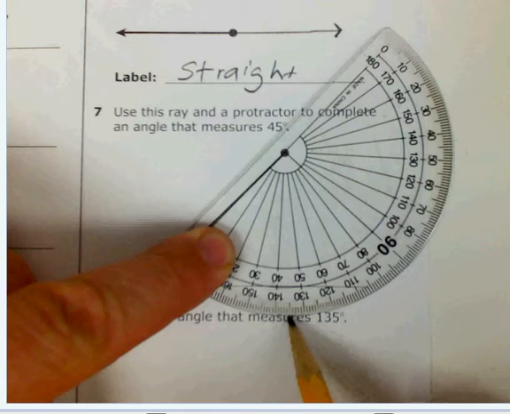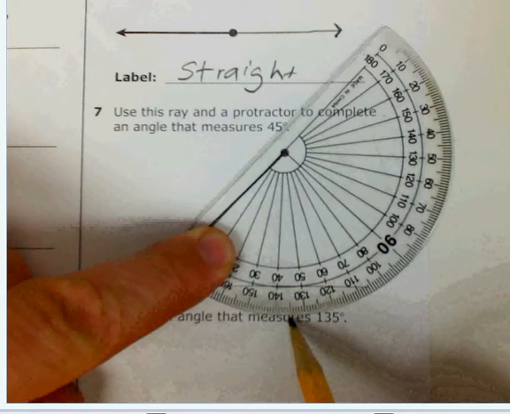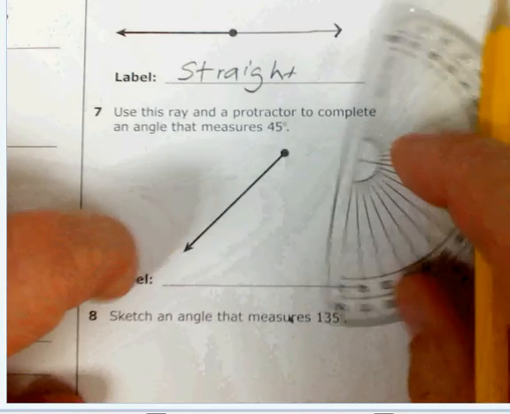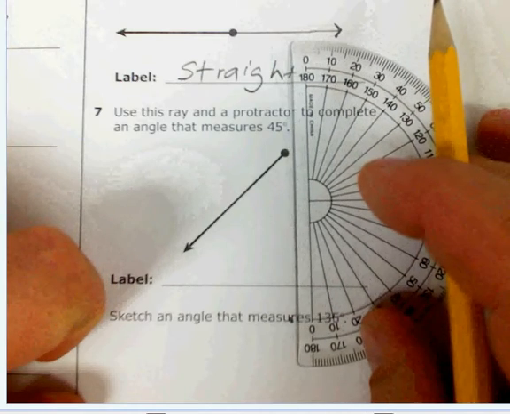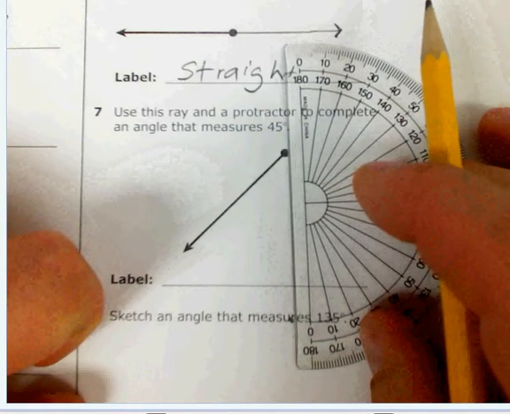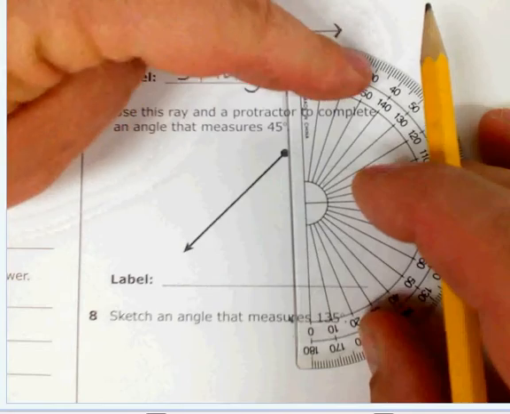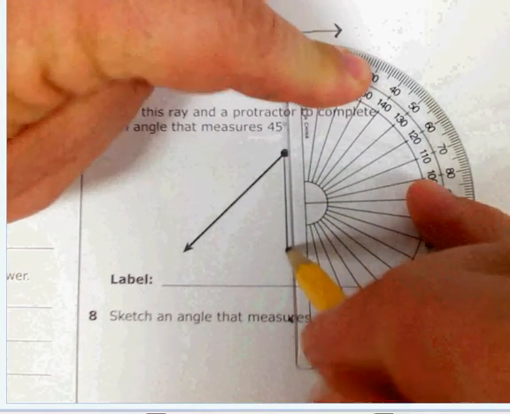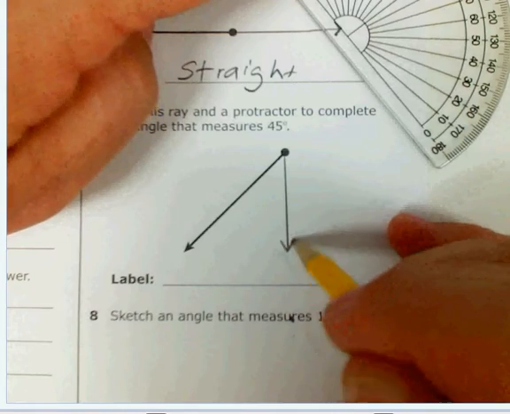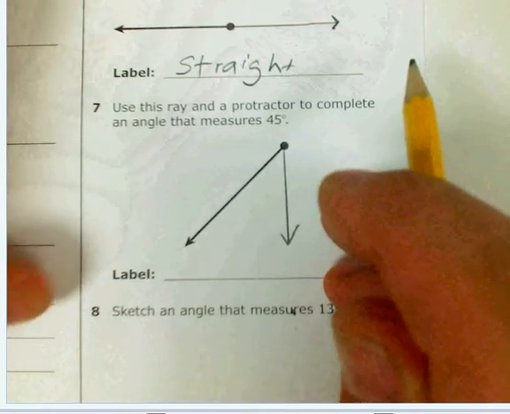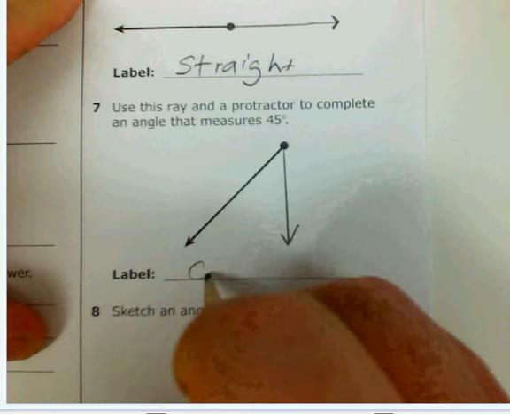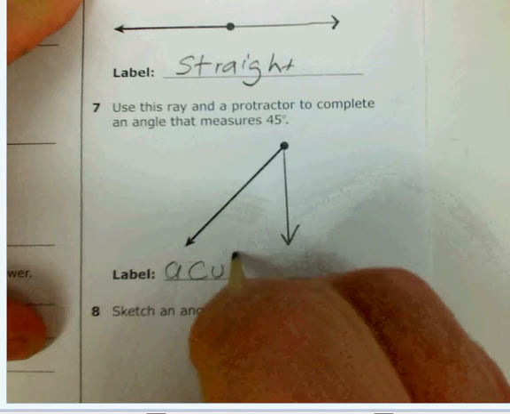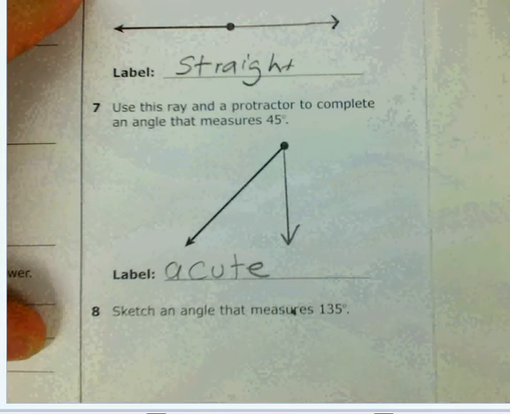So I'm going to carry it out here. I'm going to put a dot right there. Then I'll line up the straight edge of my protractor, the end point of my ray, and my dot there. I'll draw a line down. Okay, and that's going to be an acute angle.